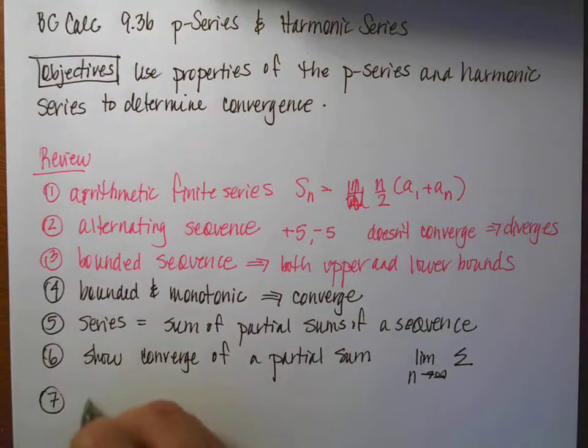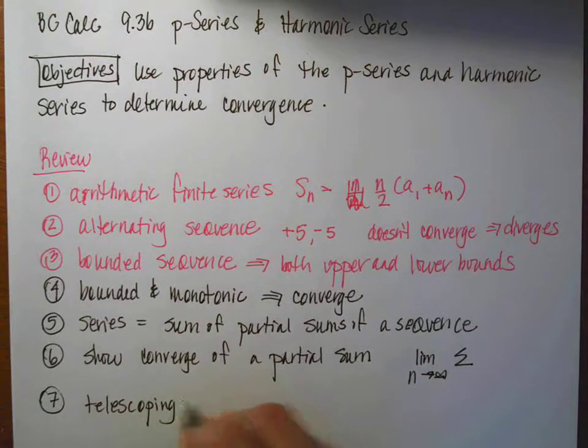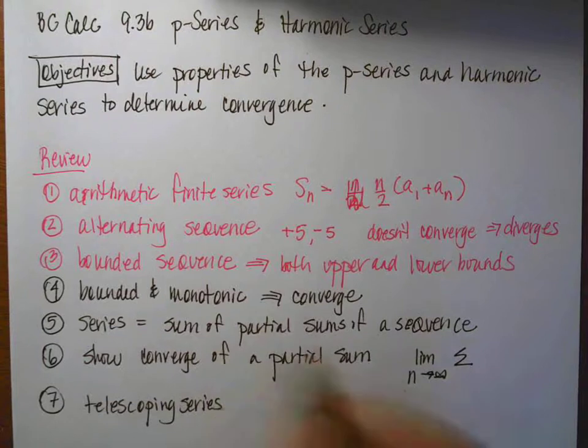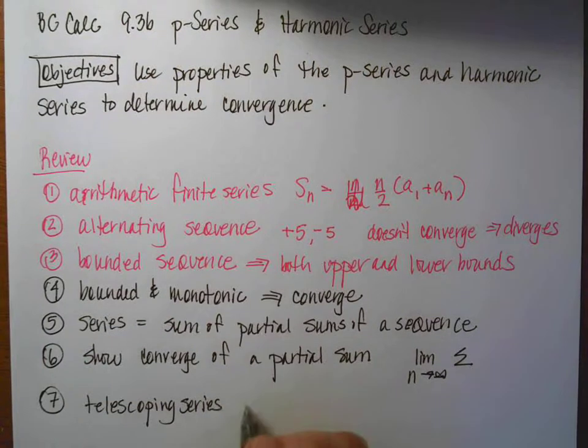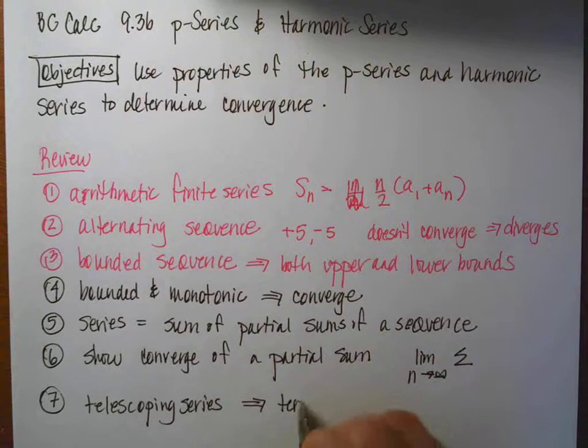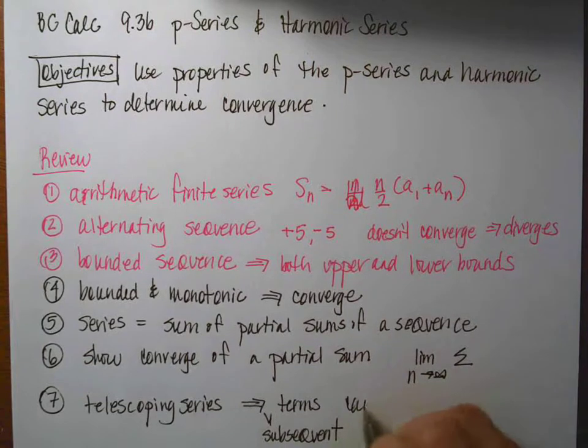The next vocabulary word that we had was a telescoping series. This one is a little bit different than the alternating sequence, but a telescoping series is one in which subsequent terms cancel out.